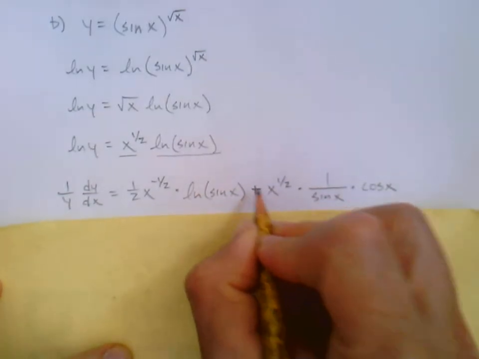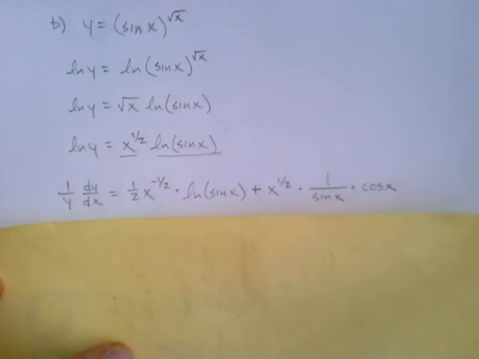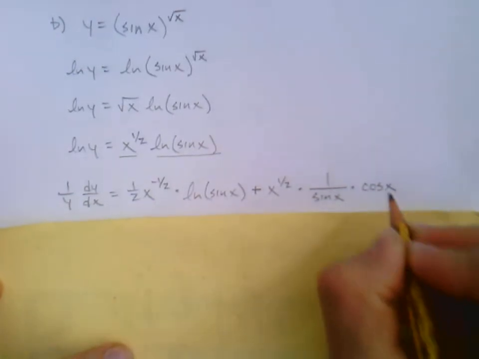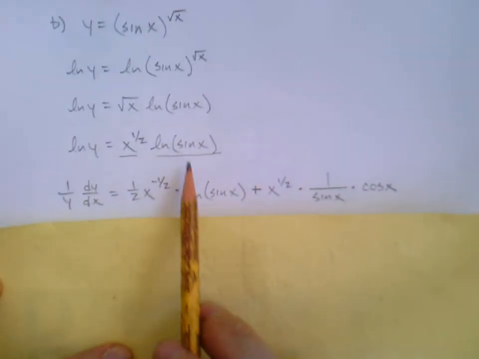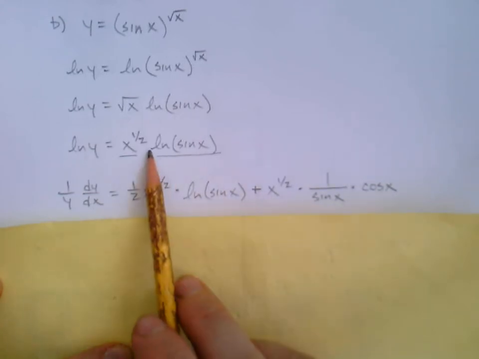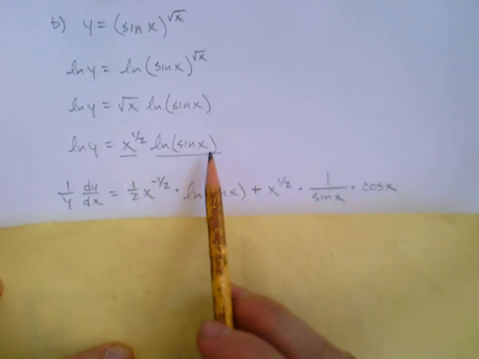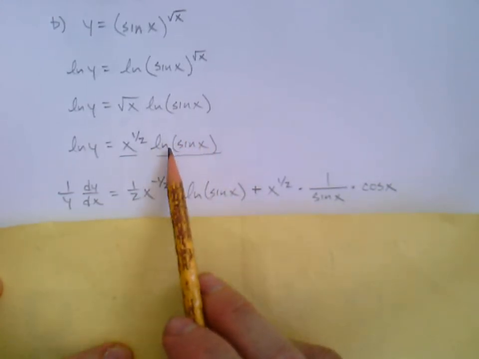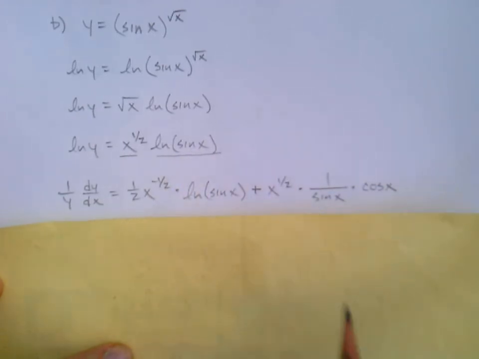I don't want to move too quickly if you're trying to copy this while I'm speaking. Derivative, copy, plus copy. And then this derivative, no surprise, is a chain rule. So it's 1 over sine x times the derivative of sine x, which gives us cos x.